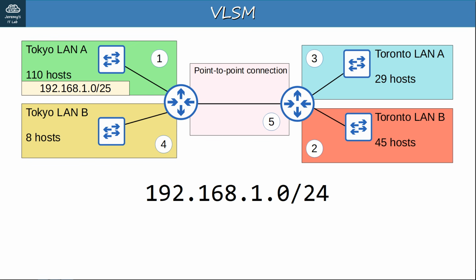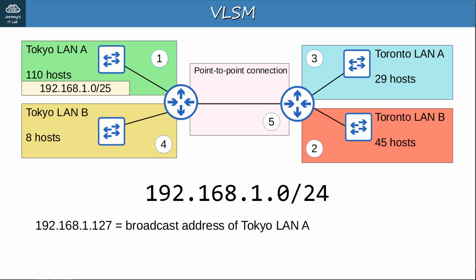So we now have our first subnet, 192.168.1.0/25 for Tokyo LAN A. That /25 subnet uses up half of the address space of the 192.168.1.0/24 network, but that's no problem. Using VLSM, we can assign smaller subnets to these other LANs, and you'll see that there is enough address space left. So next, we should assign Toronto LAN B.